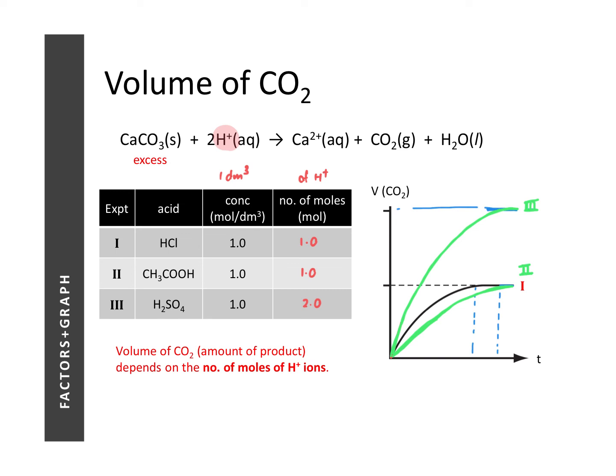But the amount of product produced will depend on the basicity of the acid, meaning whether it's monobasic or dibasic, because for the same number of moles of a monobasic and a dibasic acid, the dibasic acid will produce 2 times the number of moles of hydrogen ions, which will give rise to 2 times the number of moles of products.